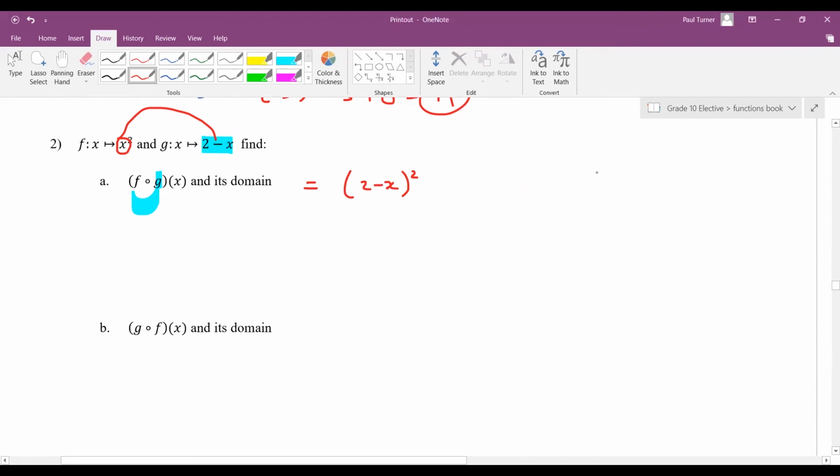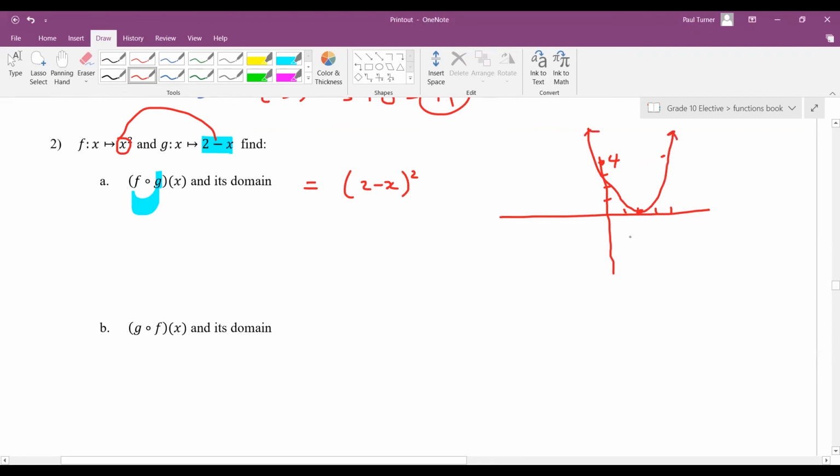So if you wanted to choose a few numbers, if x is 0, you're going to get 4. If x is 2, you're going to get 0. If x is 4, you're going to get 4. So it's a quadratic, okay?